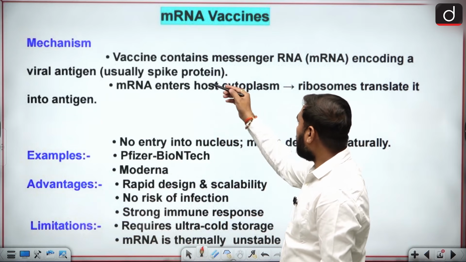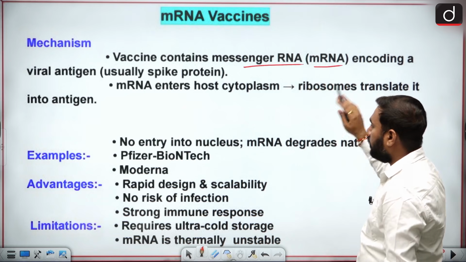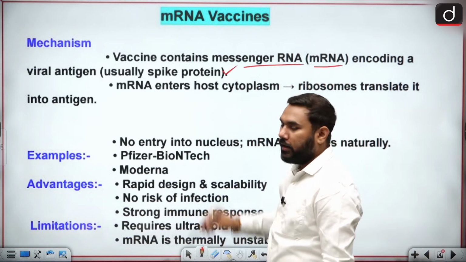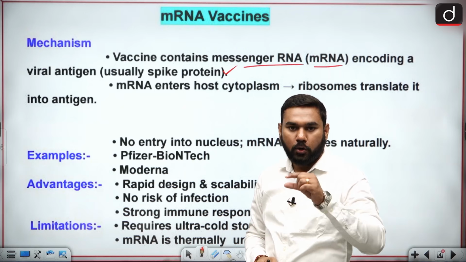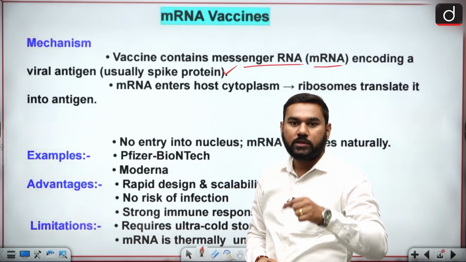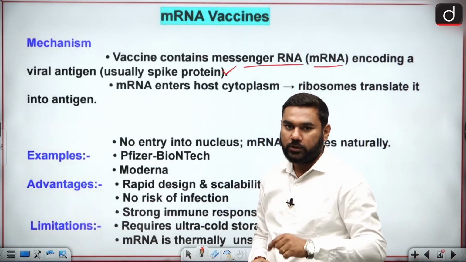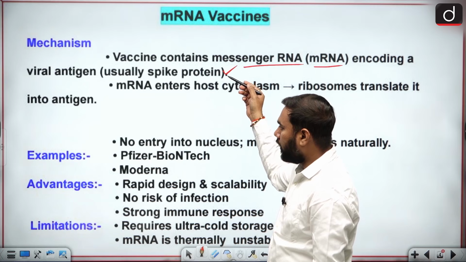This vaccine contains messenger RNA, a small part of mRNA, including a viral antigen, usually the spike protein, like coronavirus has the spike protein. So this is basically a small part of RNA which comes from any viral antigen, or maybe we can say any pathogen, and you basically put it inside our body.